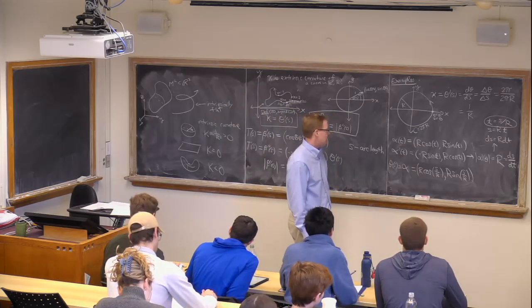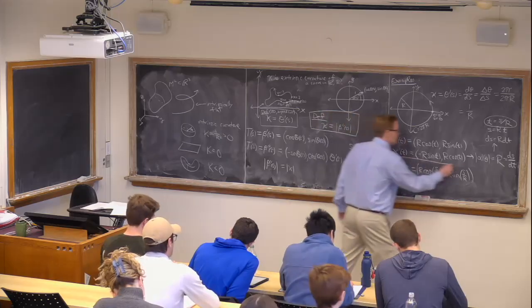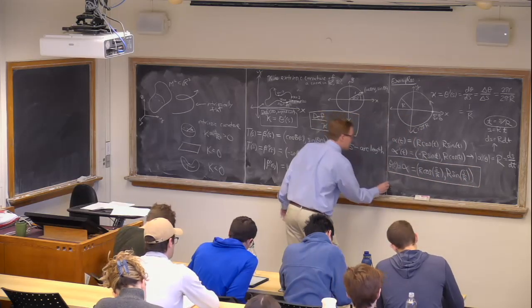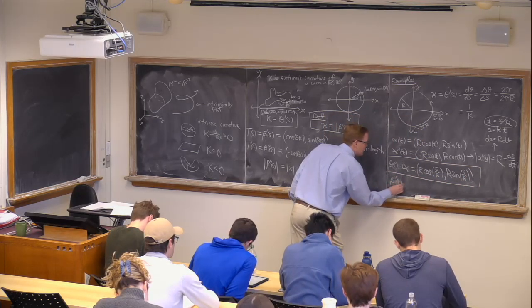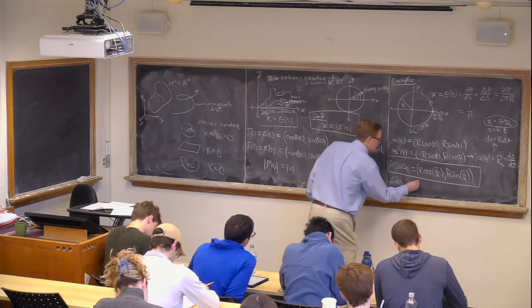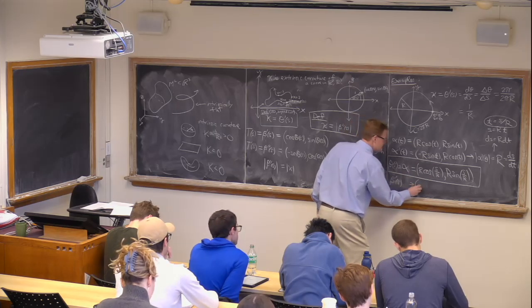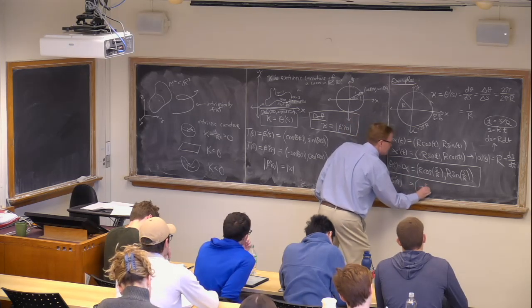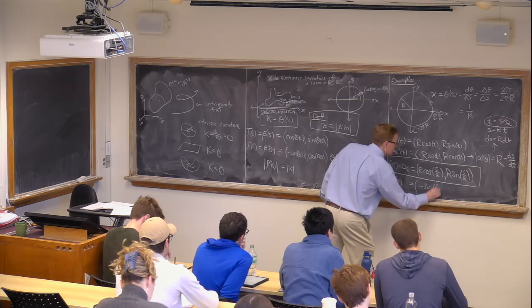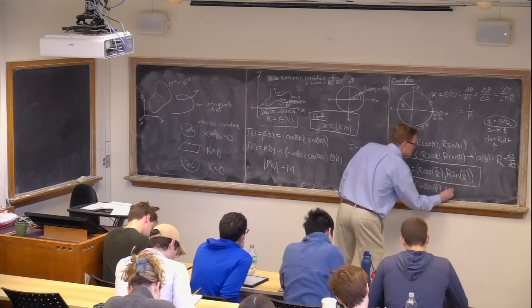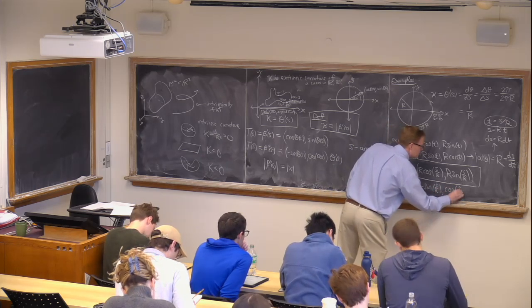And so this is parameterizing it by arc length. And we can check that because now look what happens. Beta prime of s is equal to, and now when we take a derivative, chain rule, there's one of our r's coming out, and we get negative sine of s over r, comma, cosine of s over r.